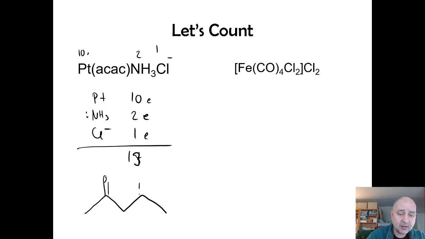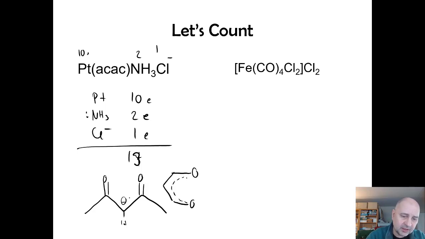ACAC is acetylacetonato, which is pentanedione originally, and then when you deprotonate, it gets a negative charge, so it's going to chelate and make a 5-membered ring like this.